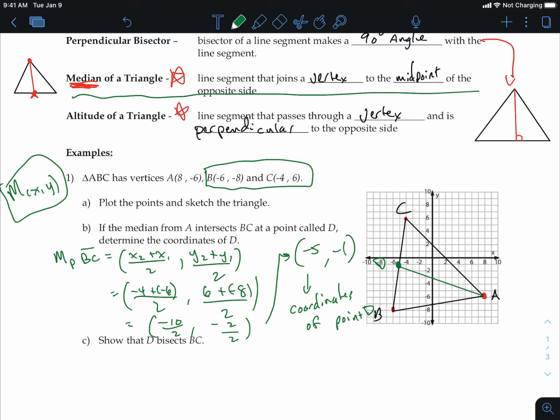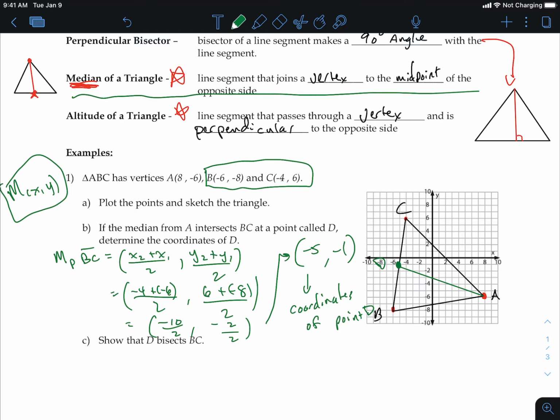If I asked you how long is that median, you can now plug those 2 points into your distance equation and tell me how long that median is. This is how I start to create the question that you guys are working on. Any questions? Okay with that?